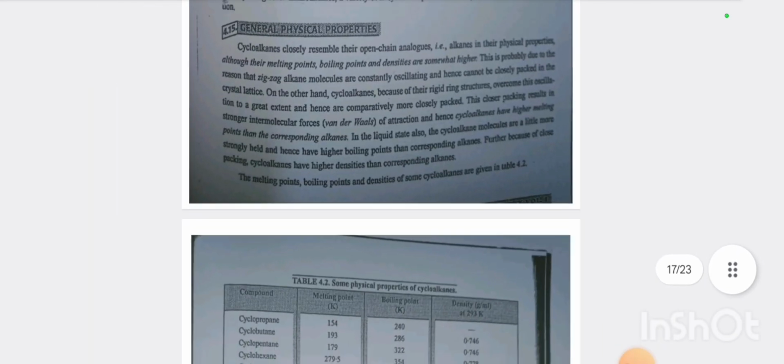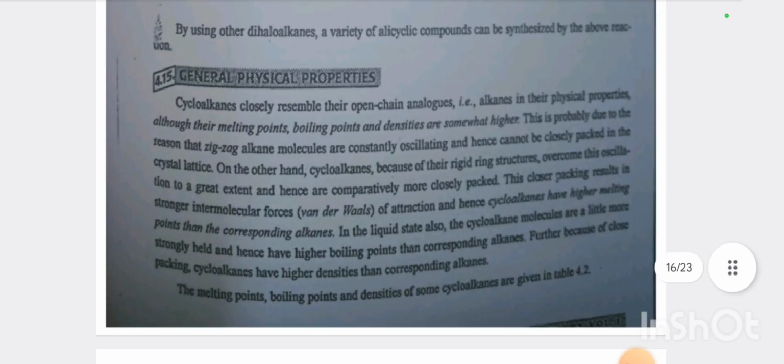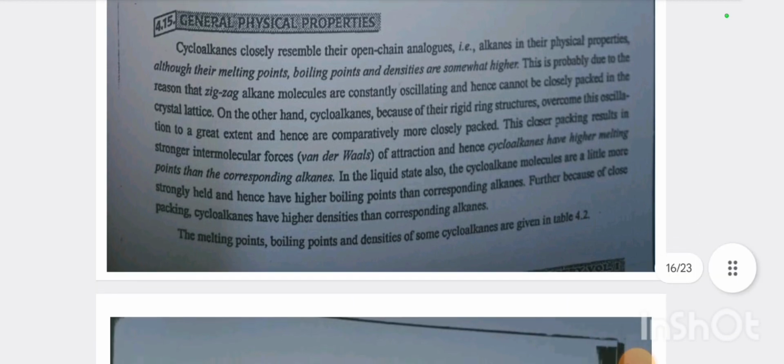Physical properties. Cycloalkanes closely resemble their open chain analogues, that is alkanes, in their physical properties. Although their melting points, boiling points and densities are somewhat higher, this is probably due to the reason that zigzag alkane molecules are constantly oscillating and hence can't be closely packed in the crystal lattice.